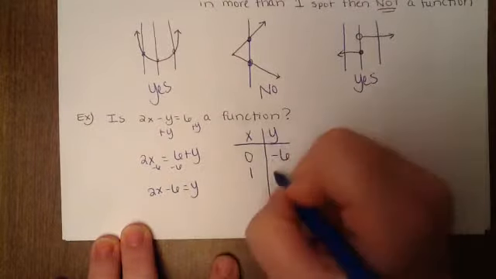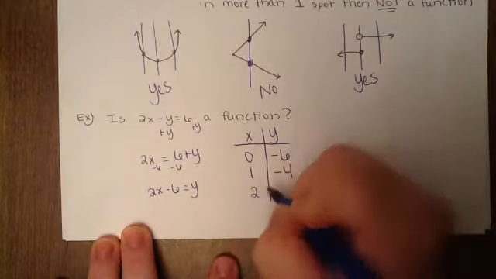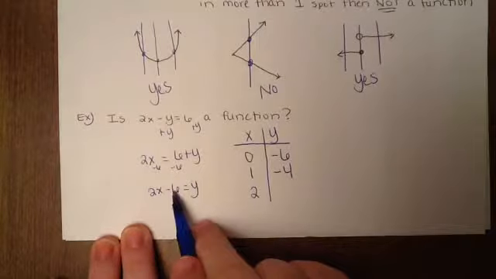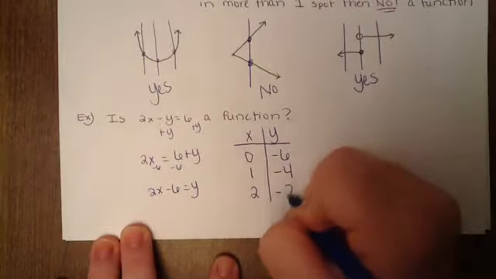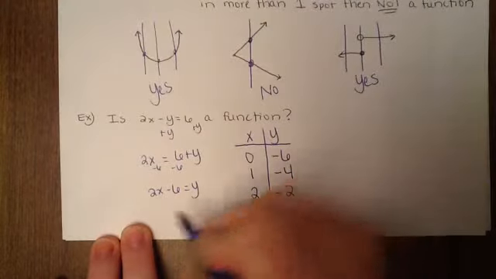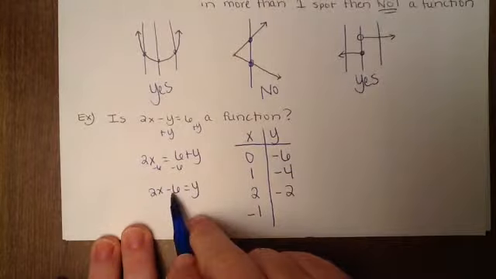Minus 6, -4. How about 2? 2 times 2 minus 6. And then let's get a couple negatives in there. -1. -1 times 2 minus 6.